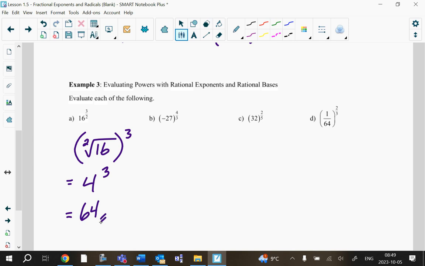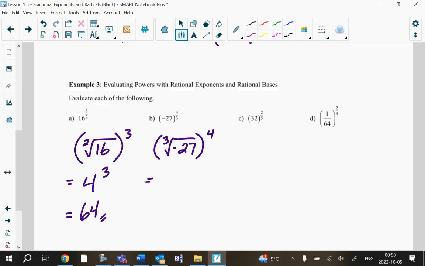Again, change it to radical and use the parentheses. What does it look like? Right. What is the cube root of negative 27? Negative 3.